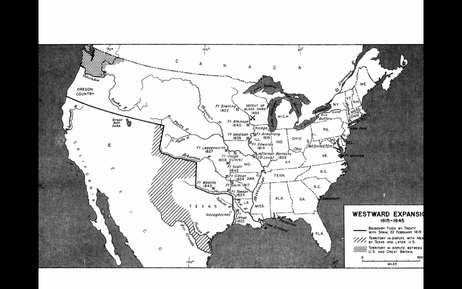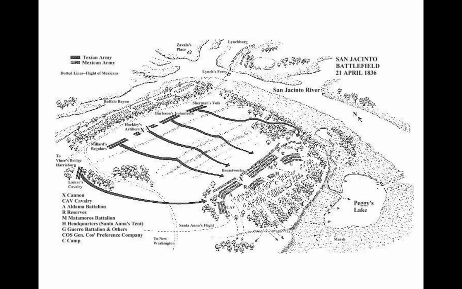So Sam Houston, as a result, took his army and stopped. He stopped near where the present day Houston Ship Channel is, near the port, where Buffalo Bayou meets the San Jacinto River, at San Jacinto.